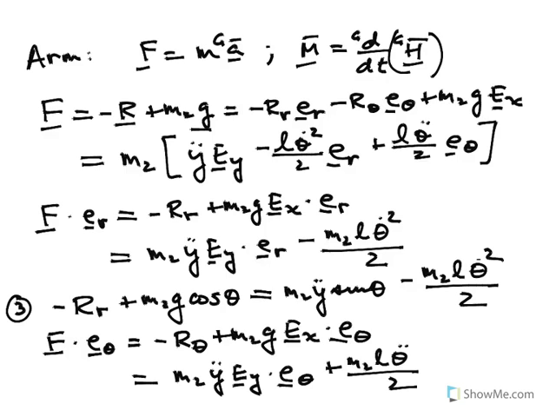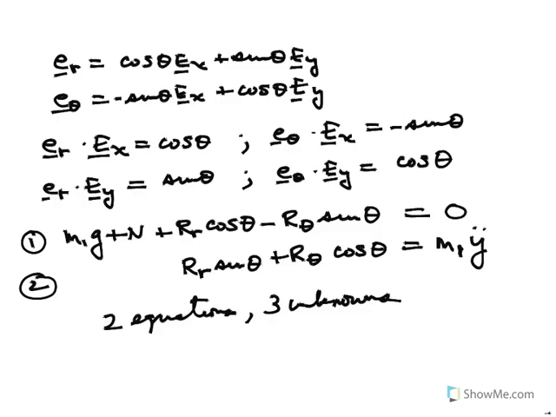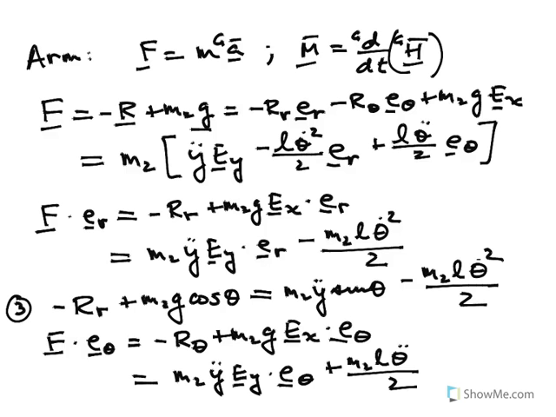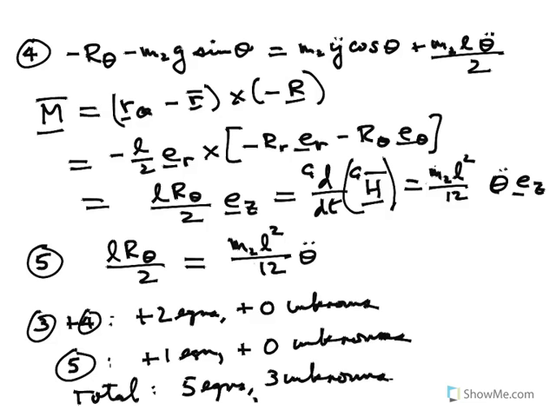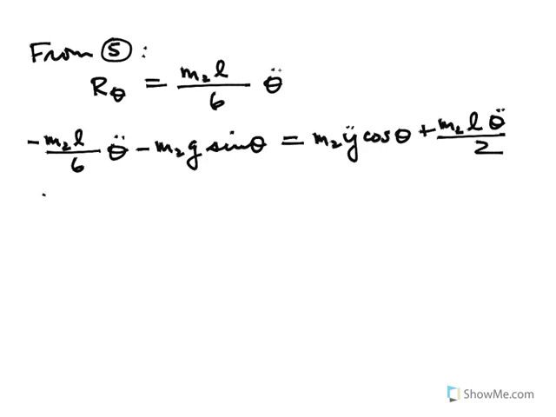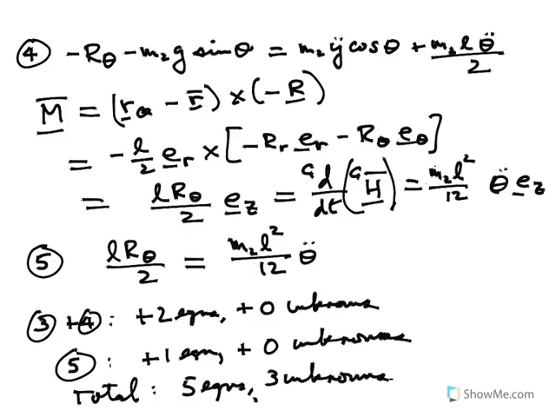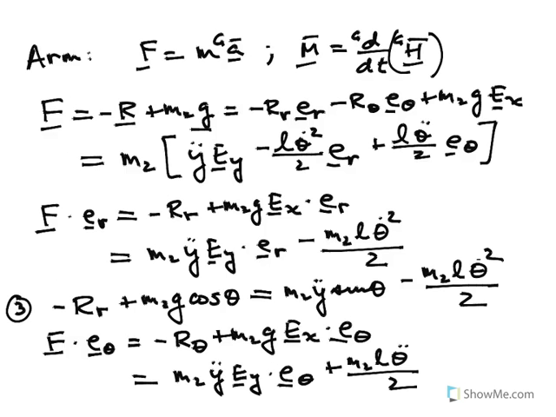So now we have to go back and look at the other equations, and you'll see that equation 3 has an R sub R in it. And if I look at equations 1 and 2, you'll see that there's an R sub R and an R sub theta in each one of them. So what I can do is take equation 3 and solve for R sub R. Solving 3 for R sub R, I need to move R sub R to the other side.